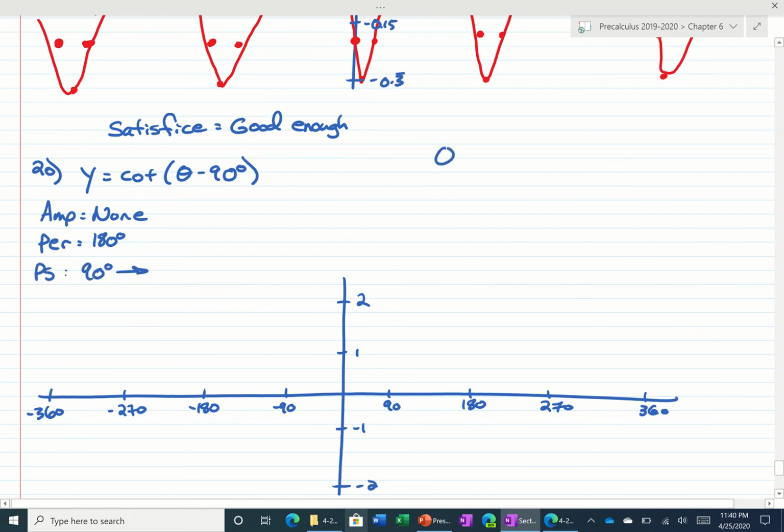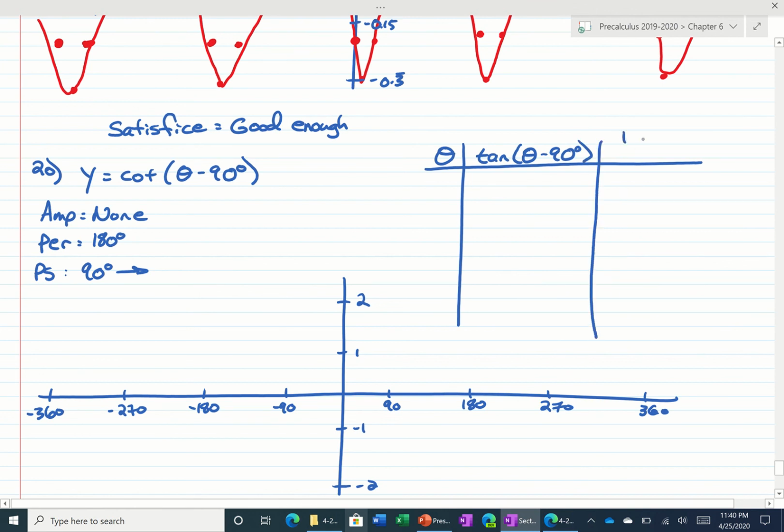So the way we have to make this chart is we figure out what's the tangent of theta minus 90, and then we do 1 divided by that number, because that is the cotangent of theta minus 90. So it's a little tricky.